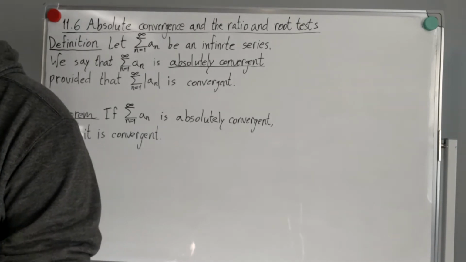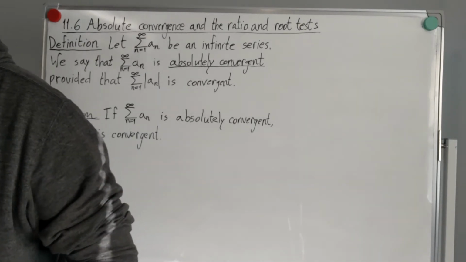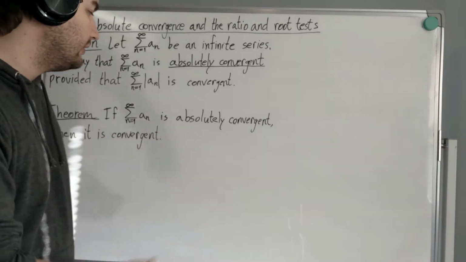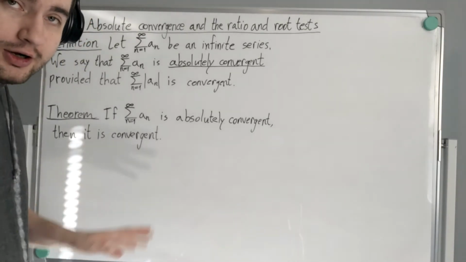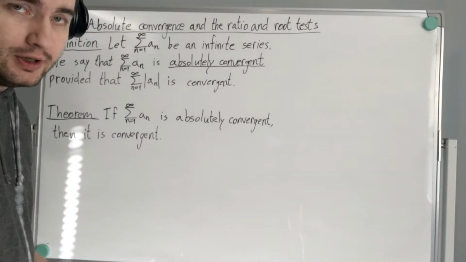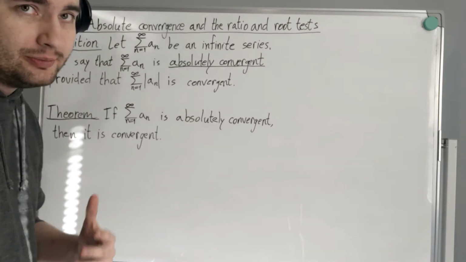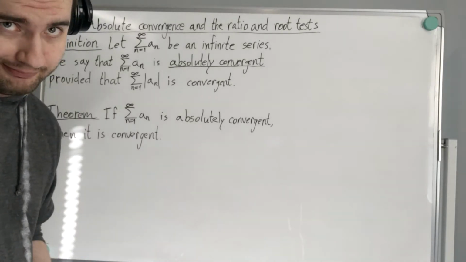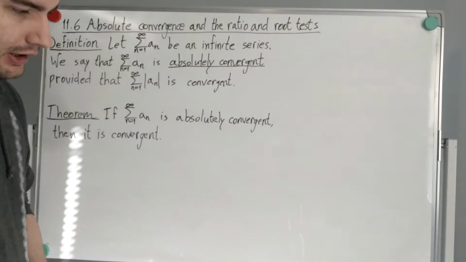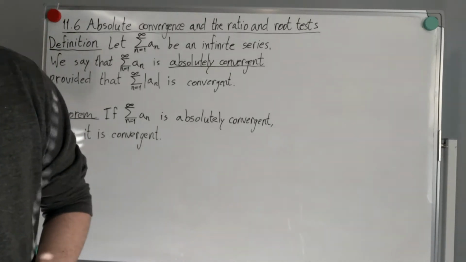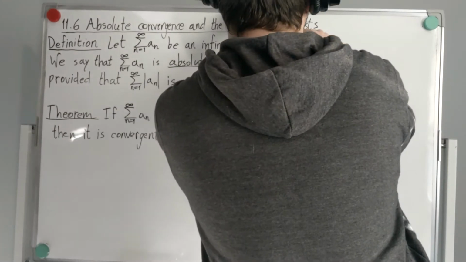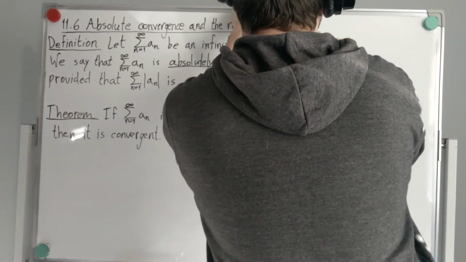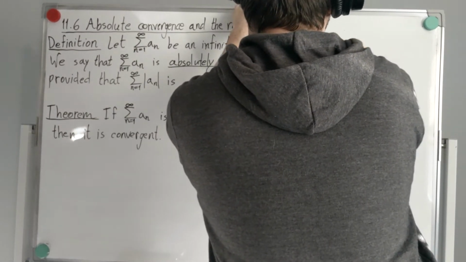Now, having said that, the converse of this is false. There are some series which are convergent but fail to be absolutely convergent. For example, let's just look at an example here of how this converse can fail.